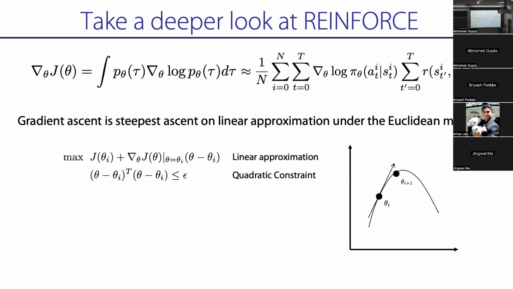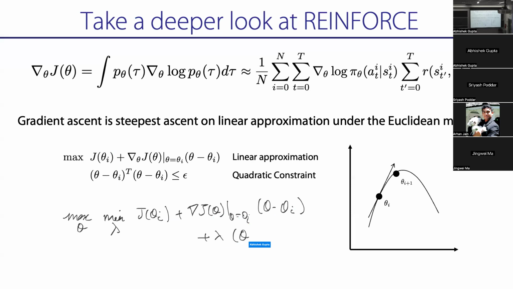The way we're going to derive this is we're just going to form the Lagrangian. So you're going to do max over theta, min over lambda, of J(theta_i) plus grad J at theta_i times (theta minus theta_i), plus lambda times ((theta minus theta_i) transpose (theta minus theta_i) minus epsilon).